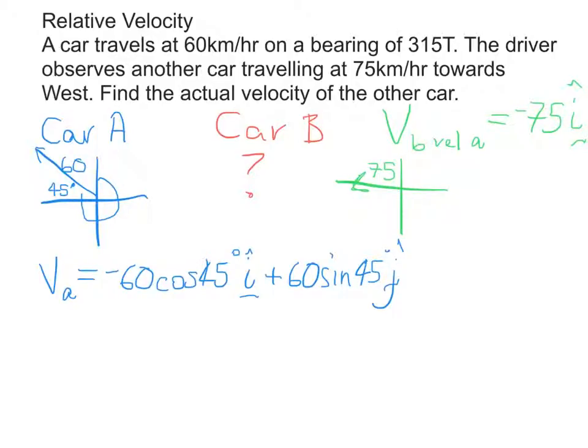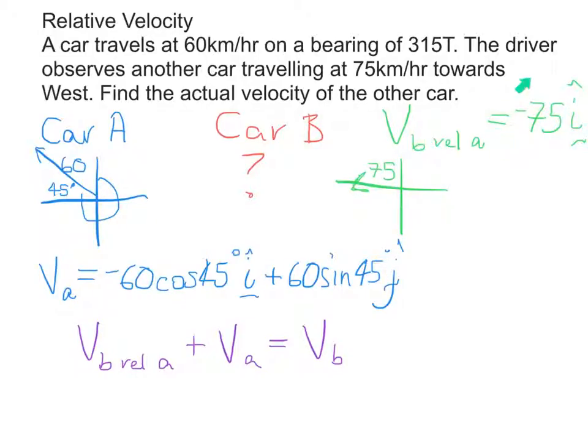Now our formula for velocity is the velocity of B relative to A plus the velocity of A equals the velocity of B. So there's no need to rearrange here. So the velocity of B relative to A is negative 75i, and the velocity of A is this one here. So all I'm going to do is add my i and j components.